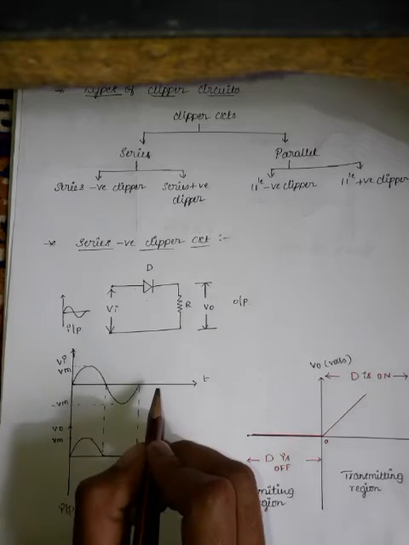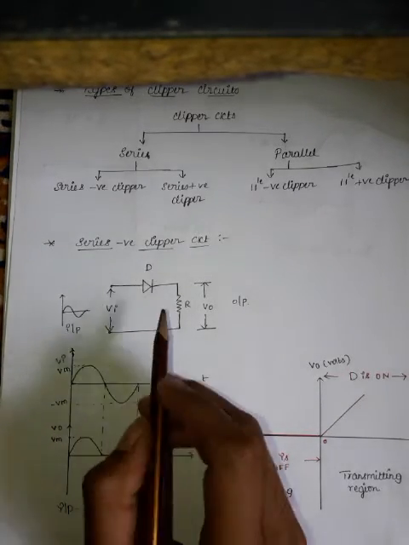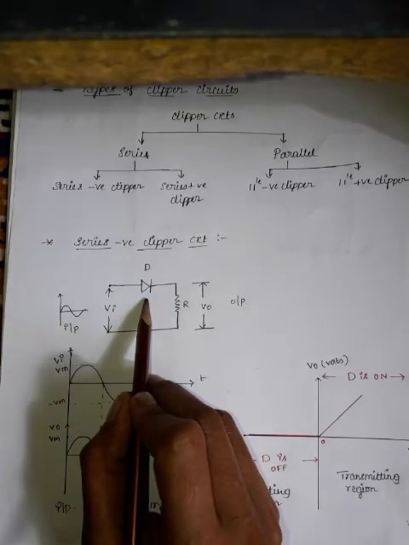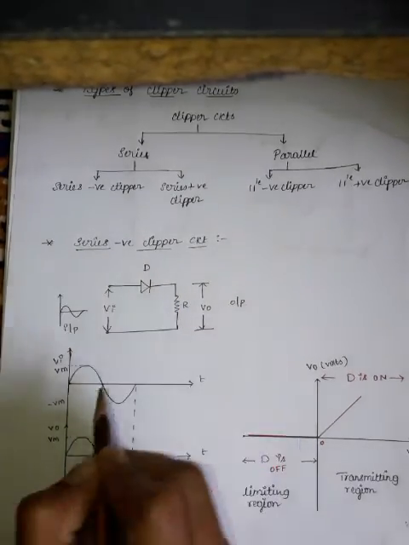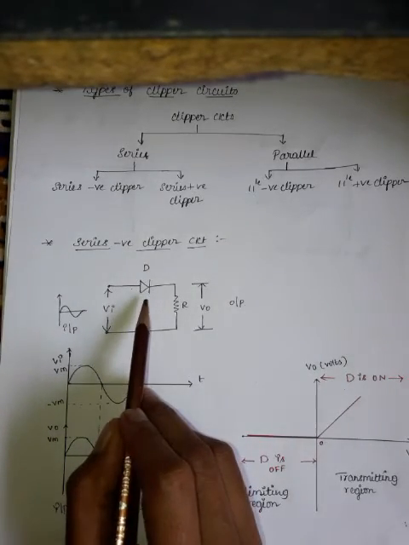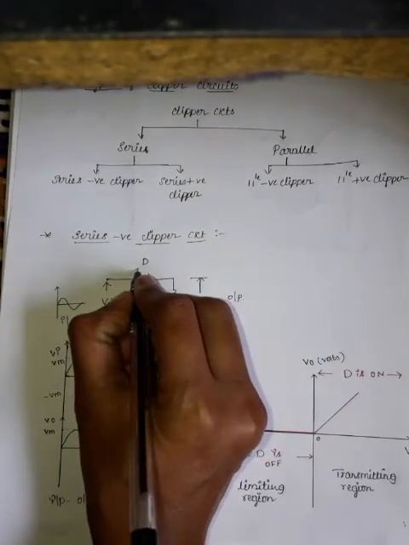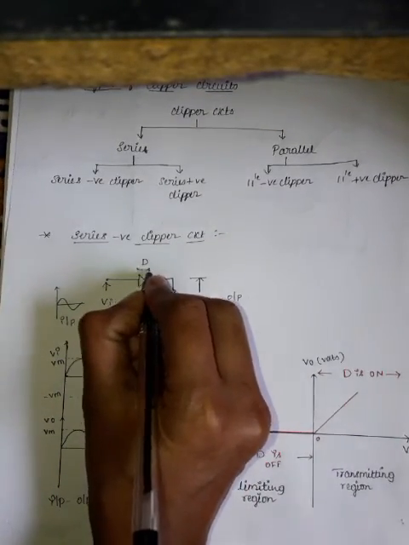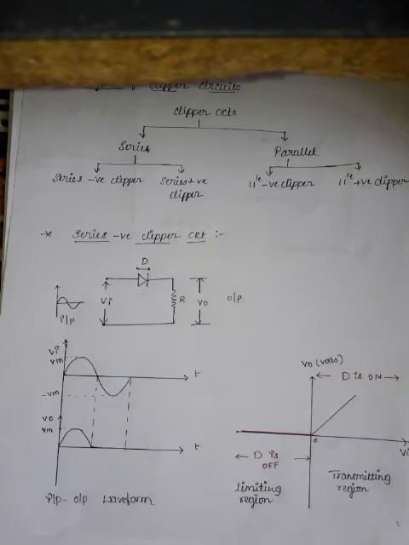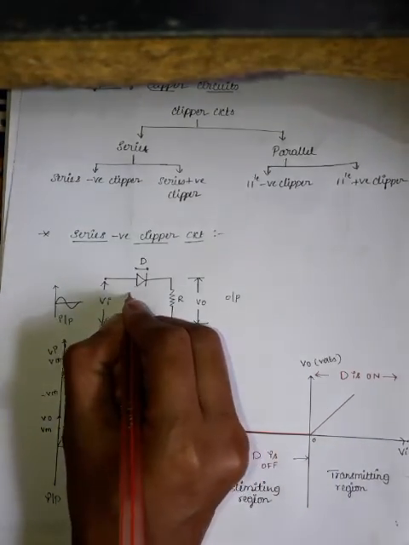In the positive portion of the input waveform, the diode will be forward biased. So in the positive half cycle the diode will be forward biased and it will act as a closed switch. Due to this, the current will flow like this in the circuit.